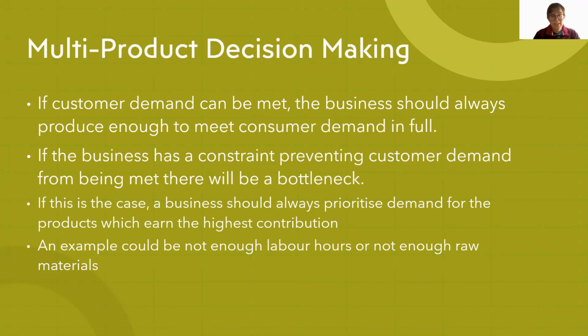Thus, if this is the case, the business must prioritise the product for which demand has the highest contribution. They are essentially making the most money from that product. So an example of a bottleneck then could be that you don't have enough labour hours or perhaps not enough raw materials.